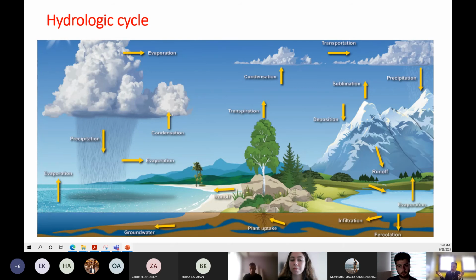Therefore, if I ask you what evapotranspiration means, you can explain that evapotranspiration is the process of changing water to water vapor from water bodies like lakes, rivers, and plants, and also from land.